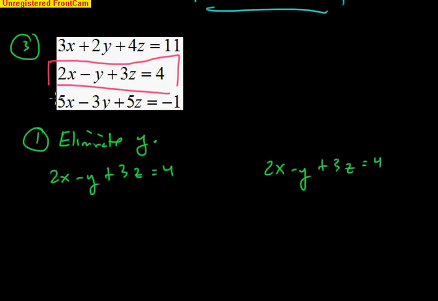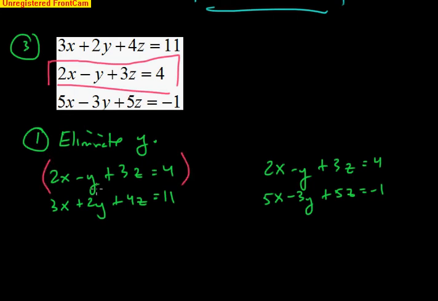Then, the first and third equations: one goes here, so let's put the first equation here, and one goes here. And now we need to eliminate the y. We need to get the y to go away. So what do I do here? I'm going to take this top equation.